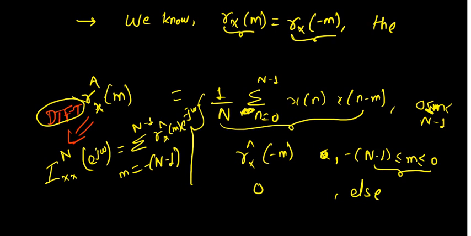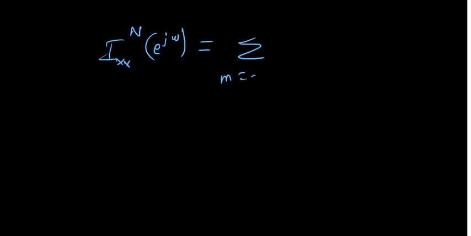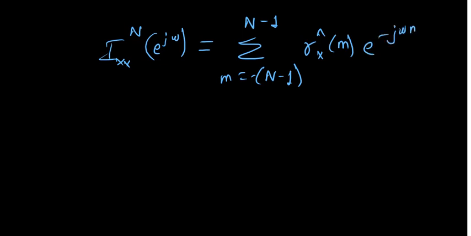Let me take a new page and write. So I can write Ixx, this is the estimator. The estimated PSD, that is power spectrum estimation, is given by the summation of Rx hat of m, this is our estimated version, times e power minus j omega m. This is the definition of DTFT, nothing else.